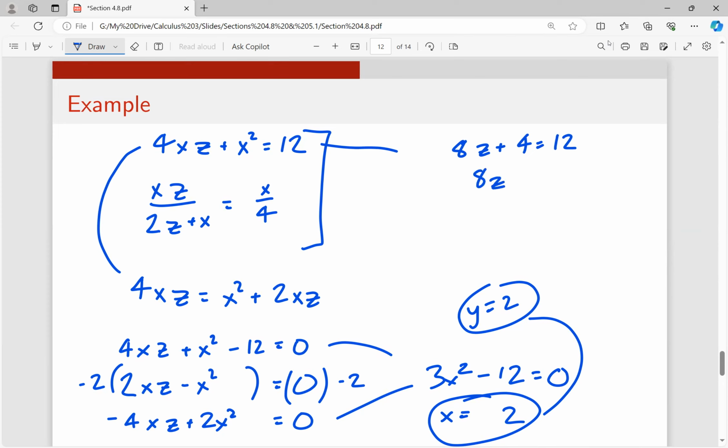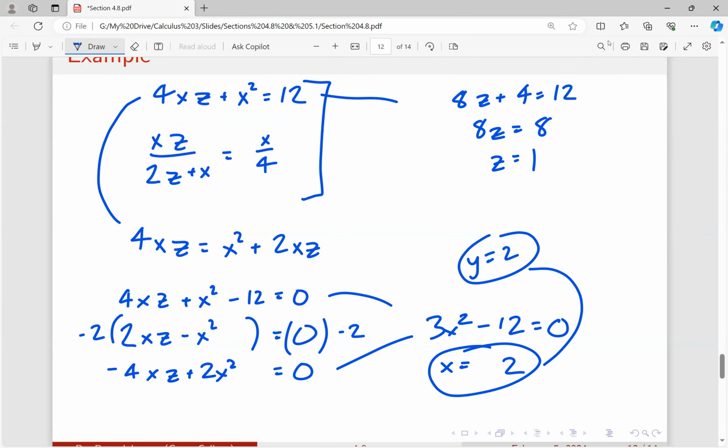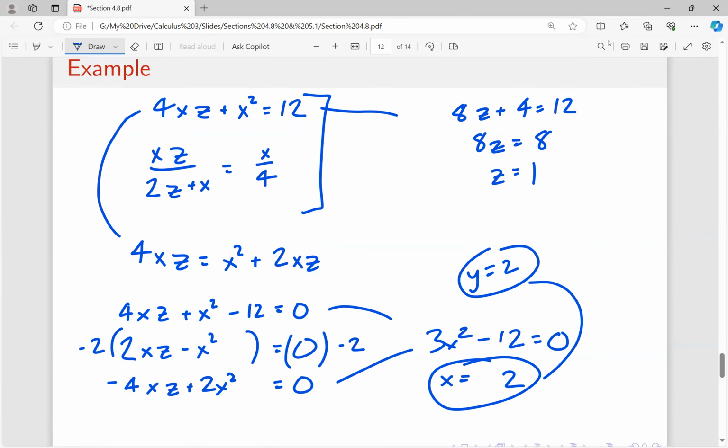So 8z equals 8, and so z equals 1. And so then that means that our box is a 2 by 2 by 1.